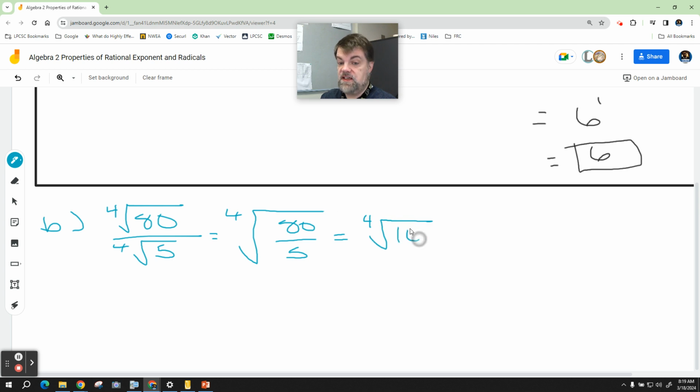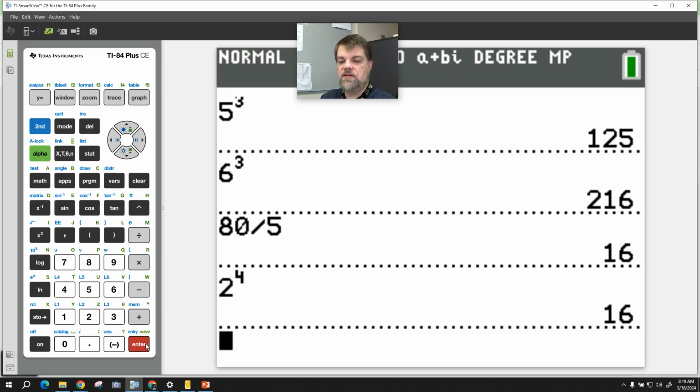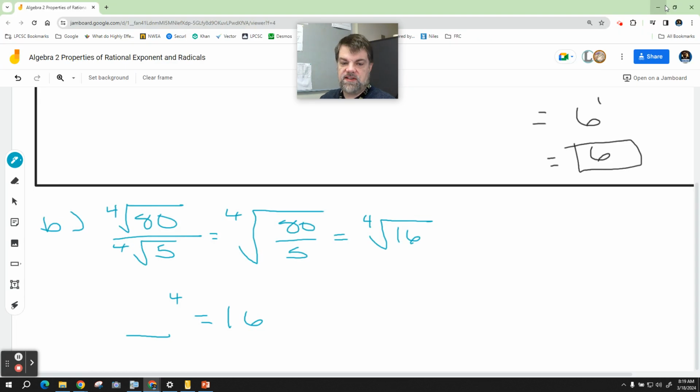of 16. And then I think to myself, is there a number that if I raise it to the fourth power, it equals 16? What do you guys think? Let's see. So we start with 2. 2 raised to the 4th power. I think that's it, actually. Yeah. So 2 raised to the 4th power equals 16.